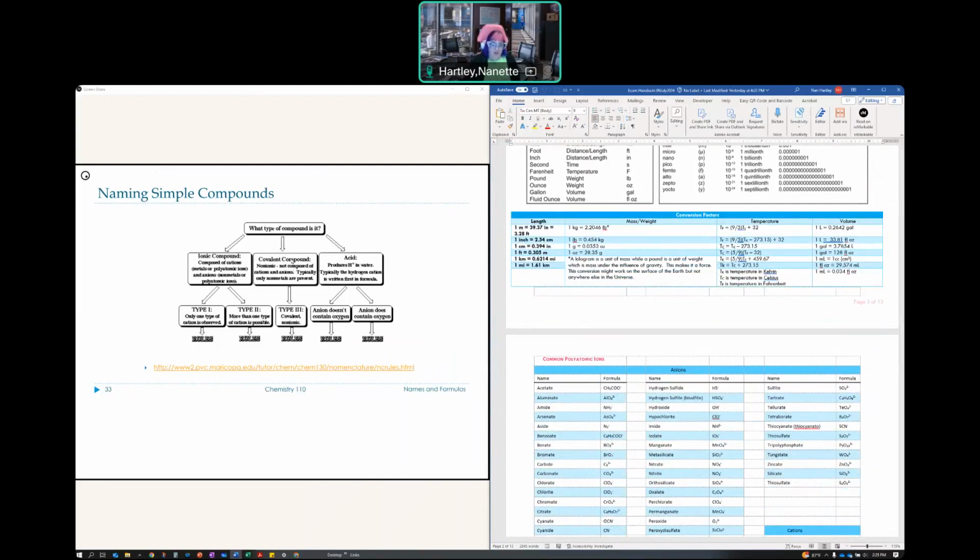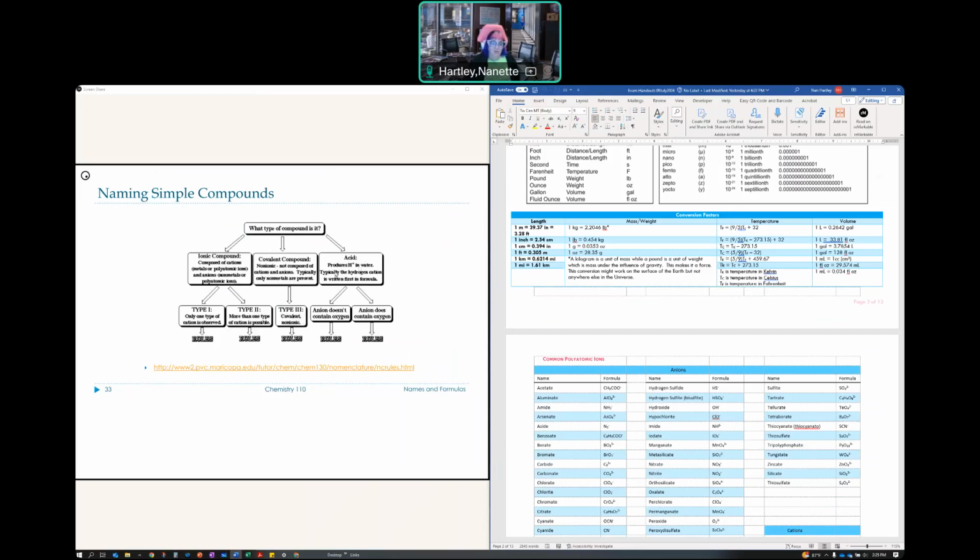If it's a covalent compound, then it's a non-metal to non-metal bond. So non-ionic, not composed of cations and anions. Typically, only non-metals are present, and the rules that we just talked about apply, where we say what they are, and then use the prefixes to say how many of each there are.